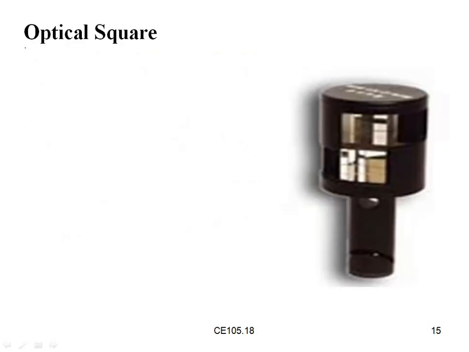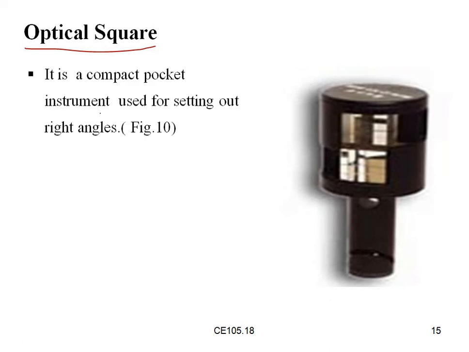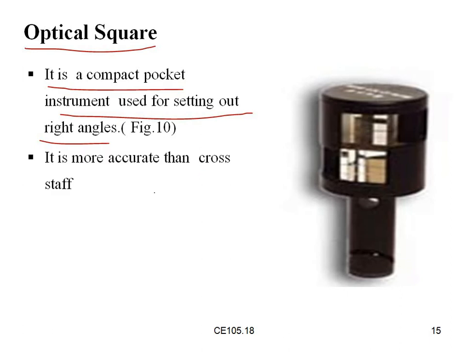And the next one is the optical square. It is a compact pocket instrument used for setting out right angles. You can see it is totally compact, and it is more accurate than the cross staff.